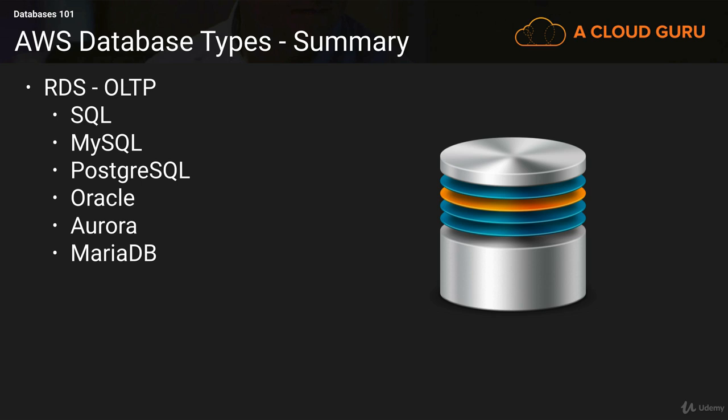There aren't many cons of Aurora apart from it being a little bit more expensive than running MySQL, but you get a lot better performance and a lot better disaster recovery. So in your exam, it's going to focus mostly on RDS, and you're also going to have some Aurora questions in there as well.